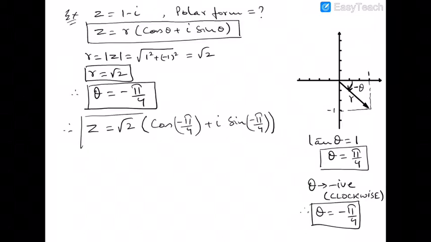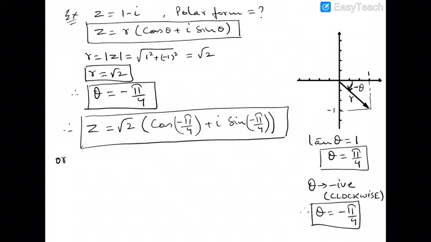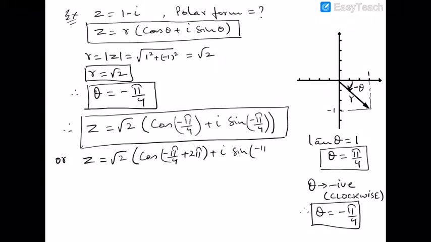But there could be an infinite number of polar equations for the same complex number 1 minus i. If we add 2 pi to the theta, then we will get the same complex number, or we will reach the same line segment.